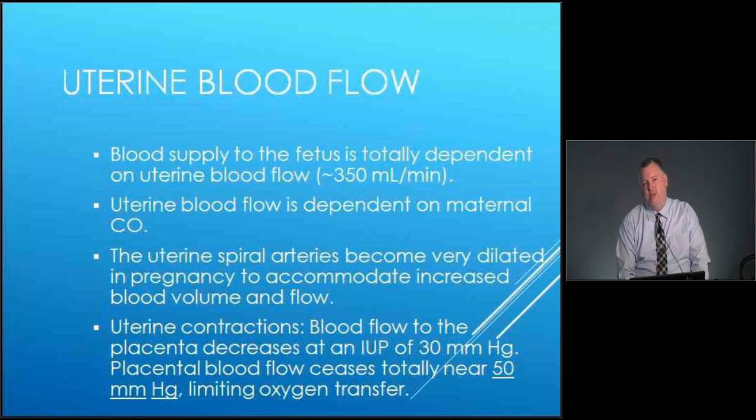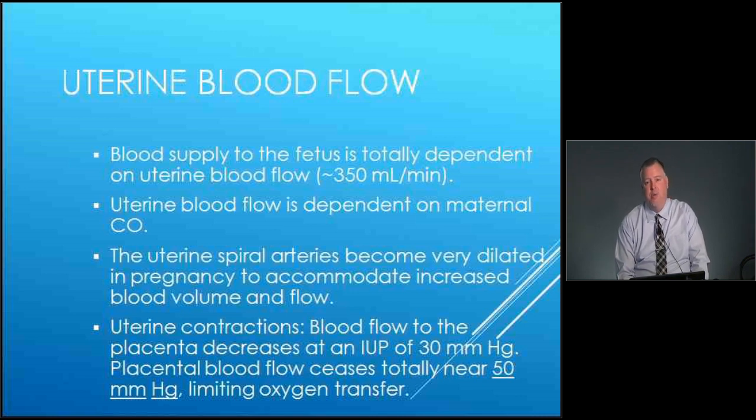Blood flow to the fetus is completely and totally dependent on uterine blood flow. And at term, that's about 350 mLs of blood per minute that's being perfused through the uterus. The uterine blood flow is then completely dependent on maternal cardiac output.